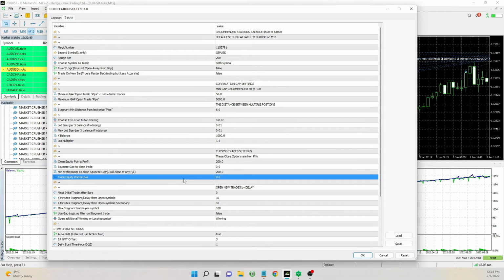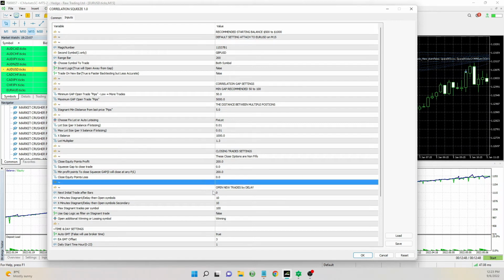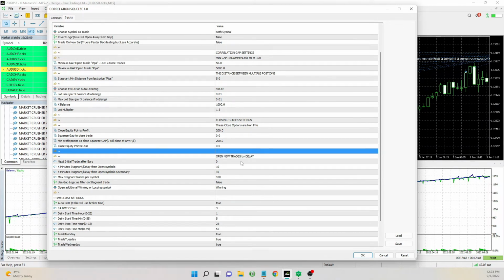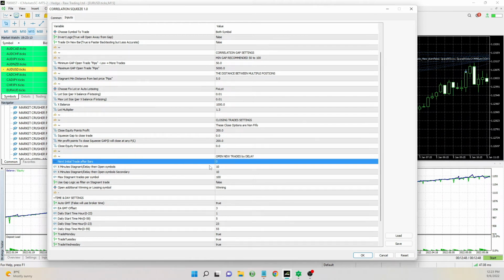Then you've got an equity points loss. If you want to know if there's a stop loss, there is an equity points loss feature here if you want to experiment with that. Open new trades on delay. Here we go. We have the next initial trade after bars says 0, so it's automatically going to open up an additional trade if the logic says so. X minutes stagnant delay, then open symbols.